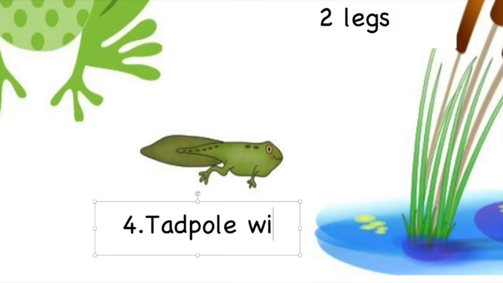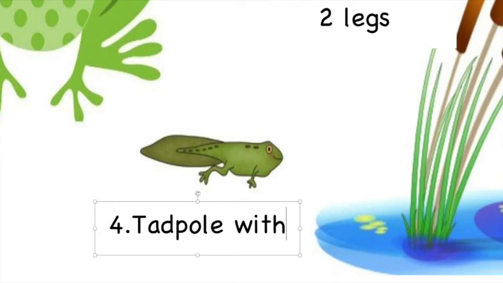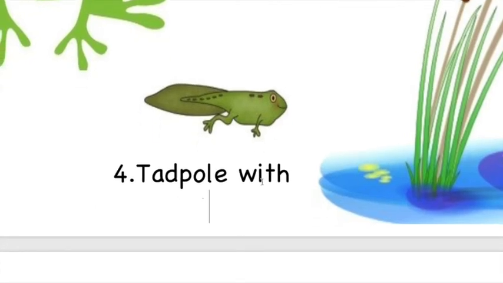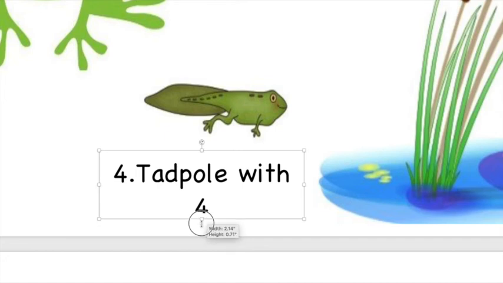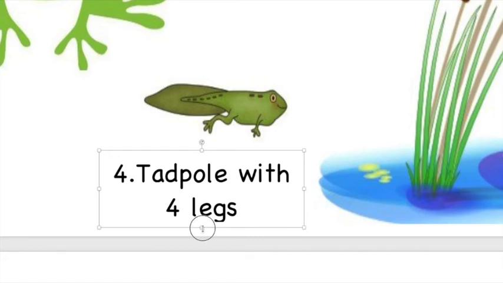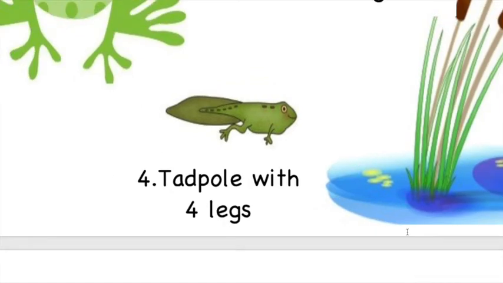With, W-I-T-H, how many legs now? It has 2 on this side and it has 2 on the other side that we can't see. With 4 legs, L-E-G-S. A tadpole with 4 legs.